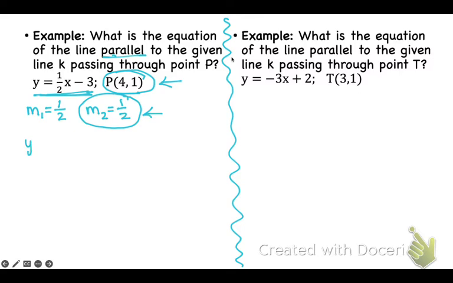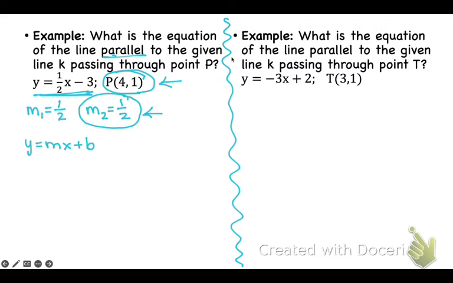So we have y equals mx plus b. We don't have the y-intercept, do we? But I have m. Do I have an x? Yeah. Do I have a y? If I have m, x, and y, can I solve for b? Yes.